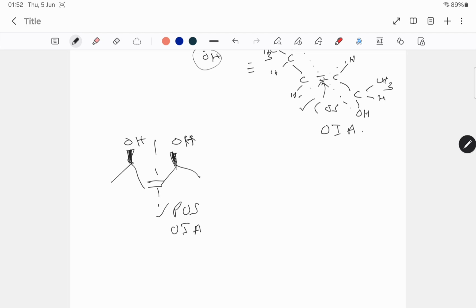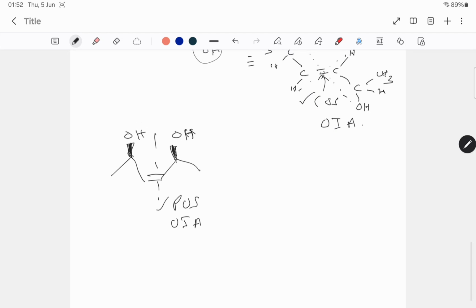Now if you consider another cis across the double bond, but making the two OH cis and trans with respect to one another.